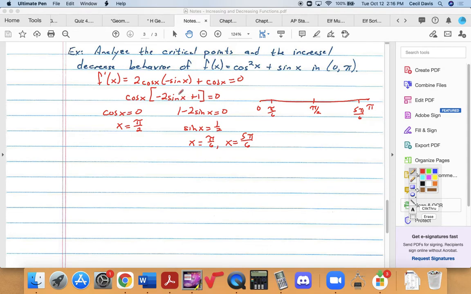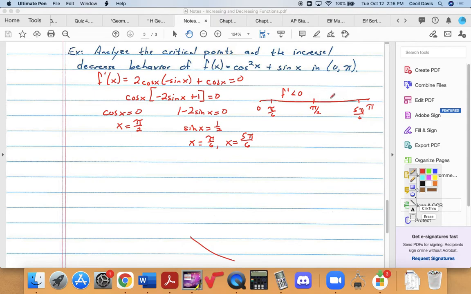The 2's cancel. I get negative square root of 2, which is about negative 1.414, plus 1 is negative 0.4. So that's going to be negative. So f prime is negative. That was interesting. I literally wasn't touching it.